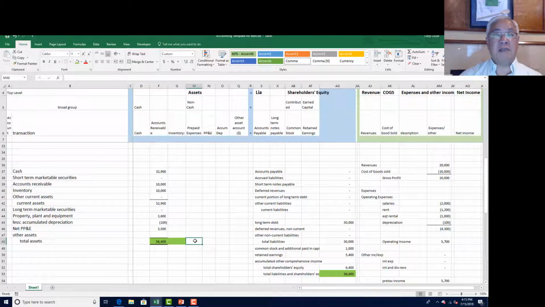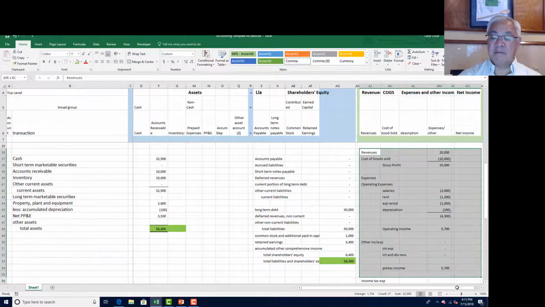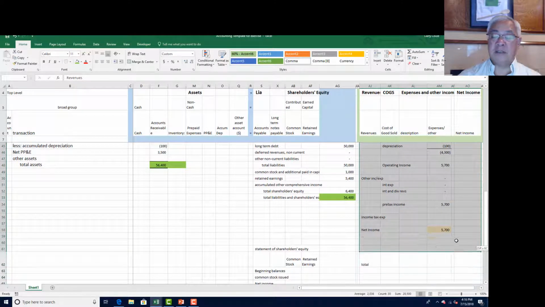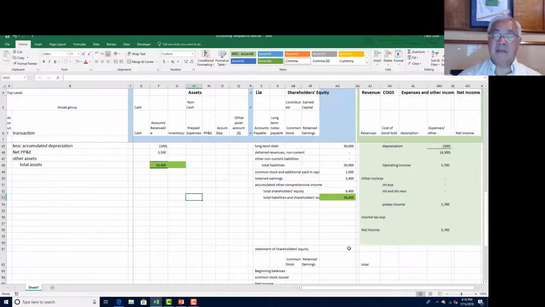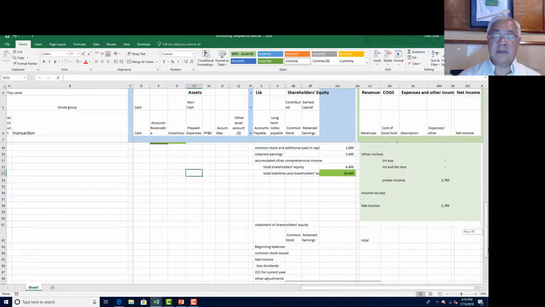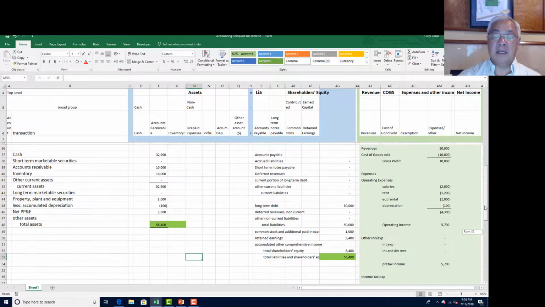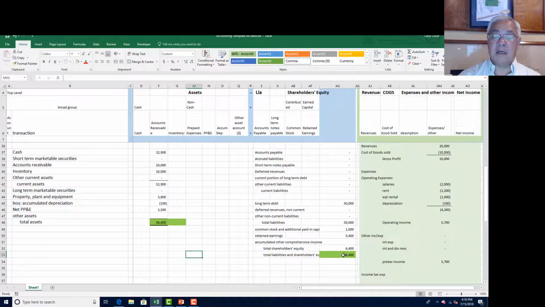So we've done the 2 major statements. Income statement here on the right side, right here. So this is kind of equivalent to our green section on top. And then we have this section here, which represents our balance sheet, which is similar to the items on our left.